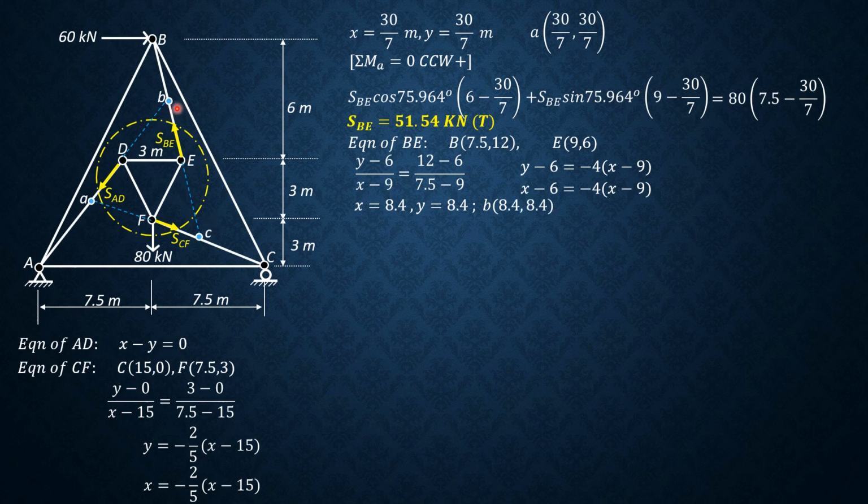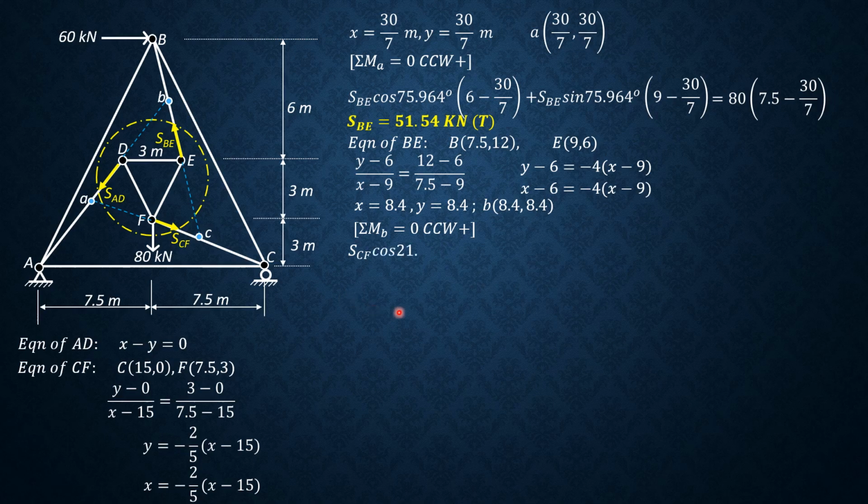So having located B, we can now compute the force of SCF. So summation of moment about B equals 0, counterclockwise positive. The horizontal component of SCF is SCF cosine 21.801, and the moment arm is equal to 8.4 minus 3. 8.4 above AC, then minus 3 because F is at 3 meters above.